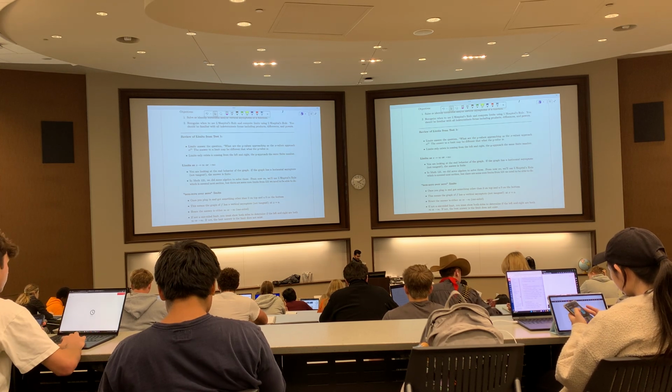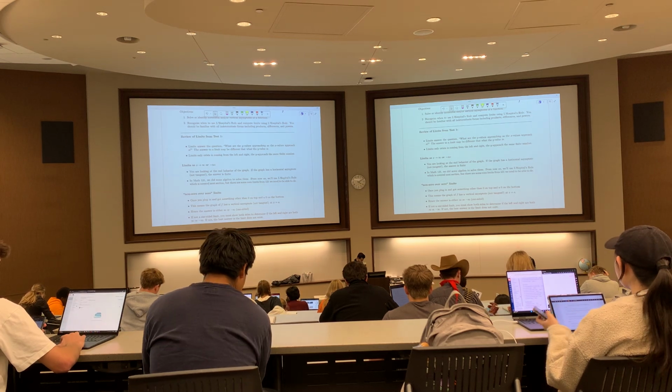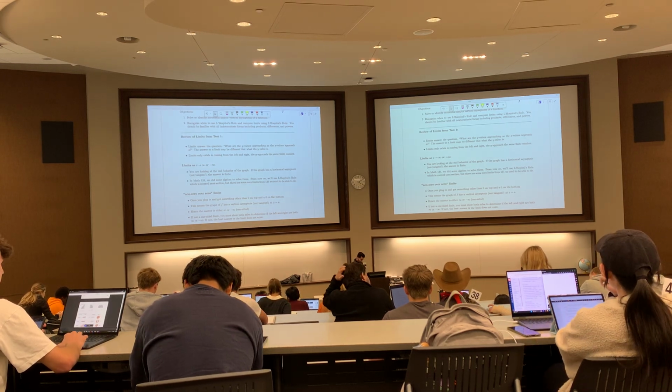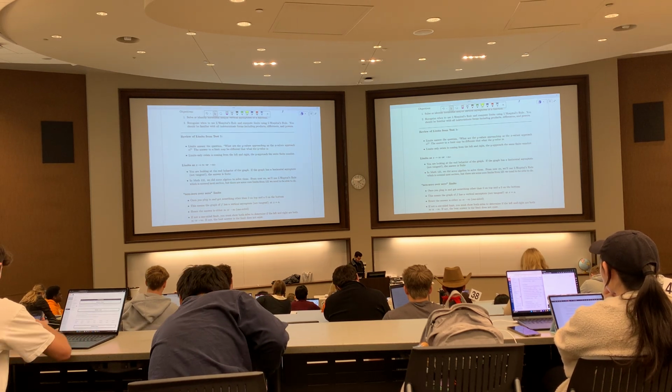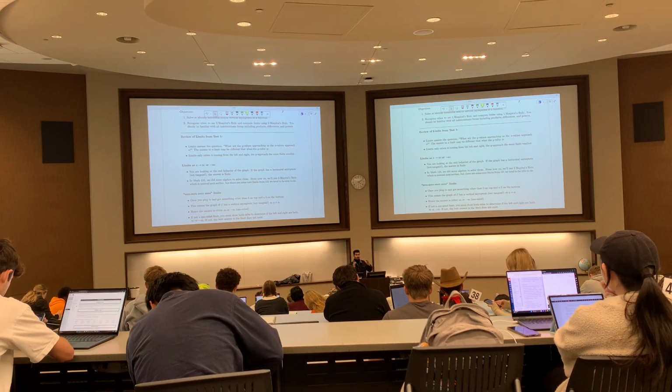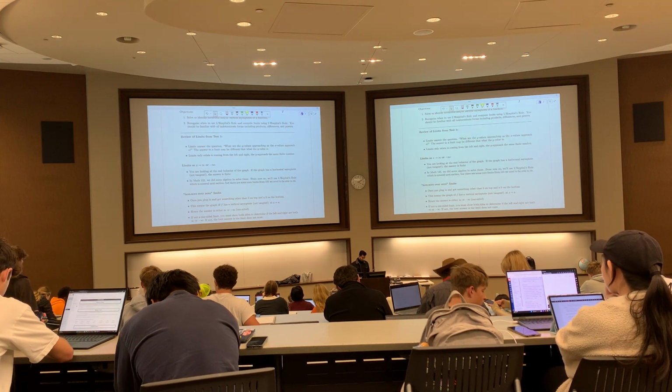So the limit answers the central question: what are the y values approaching as the x values approach a? It has to approach a certain value from both ends, from the left and the right.